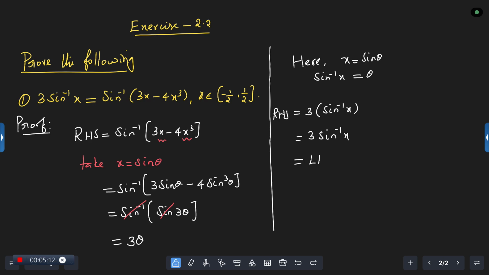That is equal to the left hand side. This is the required proof of the sum. Any doubt, Kanna?